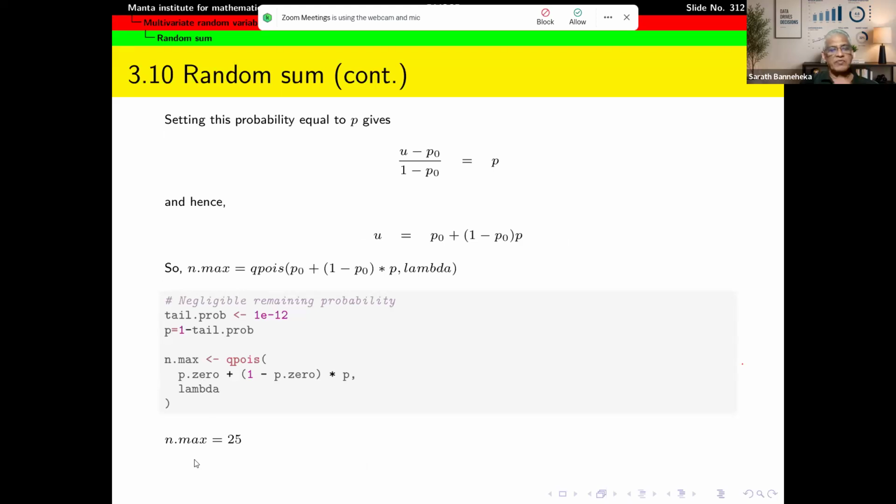When I did that, I found that n max is 25 here. All the terms after n equal to 25 will contribute only a very negligible amount to the infinite sum. Therefore, it is enough to consider 25 terms in the summation.